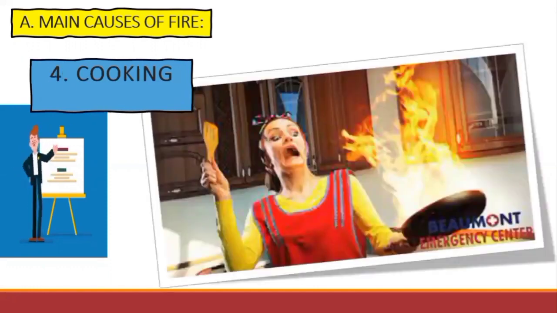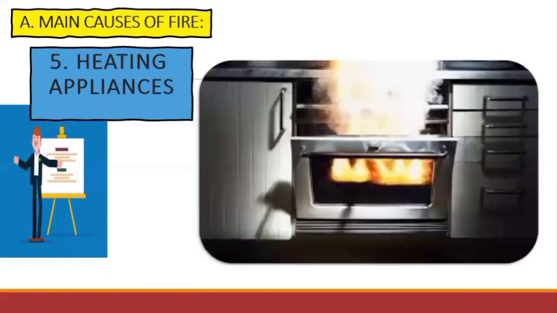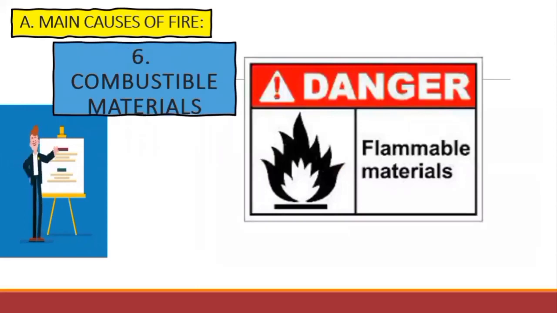Then cooking, kitchens provide opportunities for a fire to start in materials on which it can feed. And then heating appliances, portable heaters are a threat when placed beside combustible furniture and fittings. And then combustible materials, you know that already.